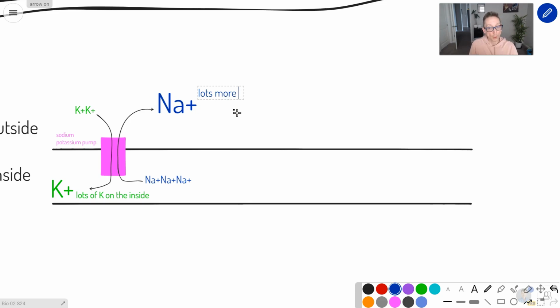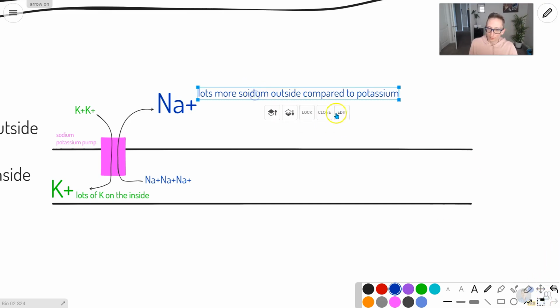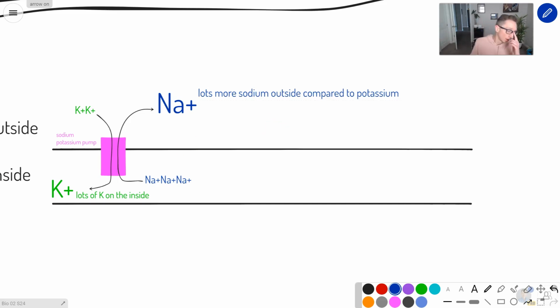Lots more sodium outside compared to potassium. Why is that? Why is there more sodium outside compared to potassium? Well, because it's pumping out 3 for every 2.